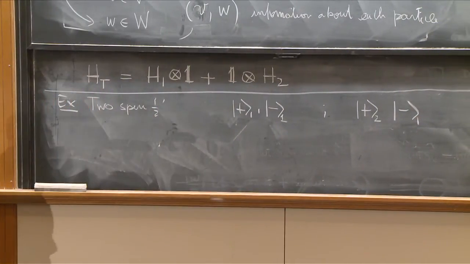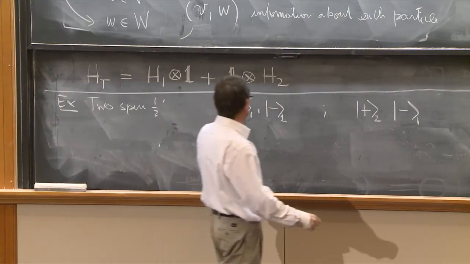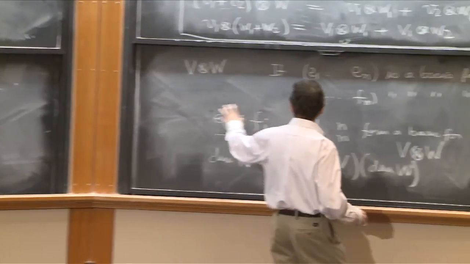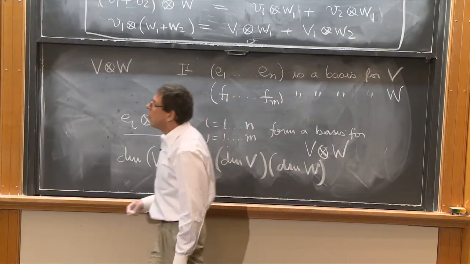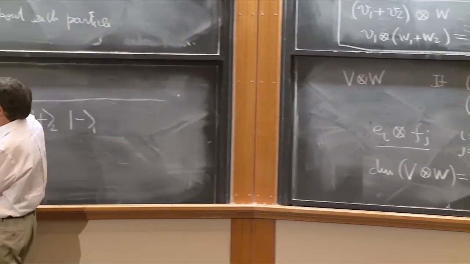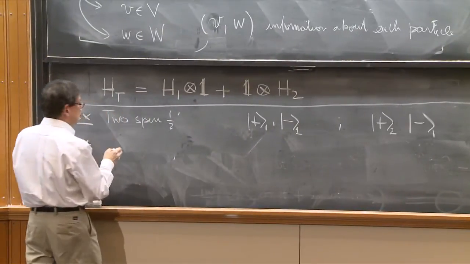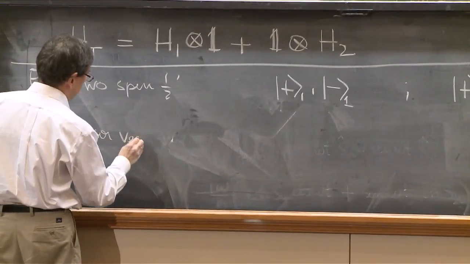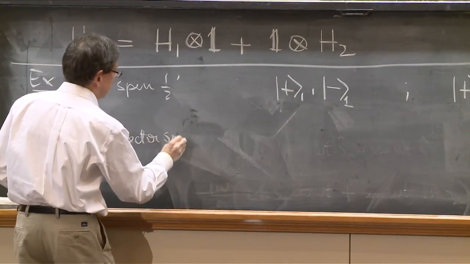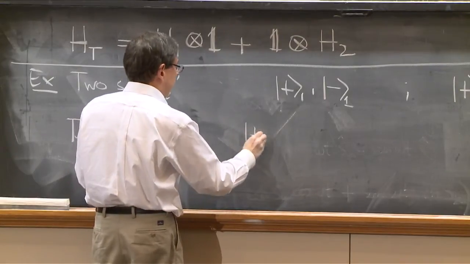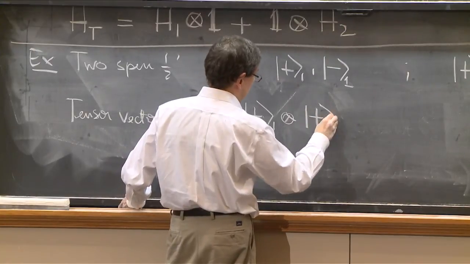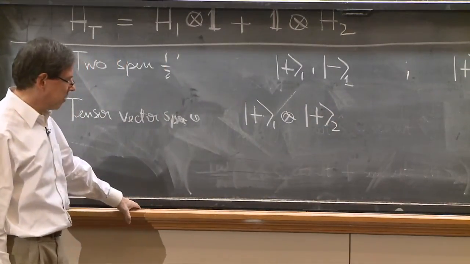So how do we form the tensor product? Well, we say these are our basis states for the first Hilbert space, and the basis states for the second Hilbert space. We're supposed to take the product states. So our tensor product, the tensor vector space of two spins, is spanned by a vector in the first times a vector in the second, the basis vectors.